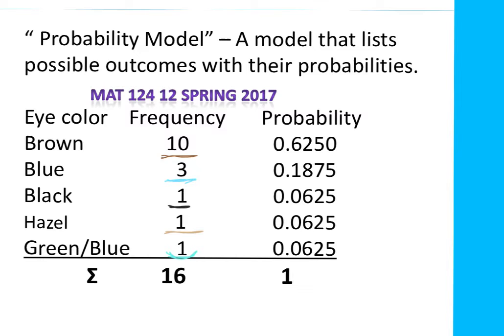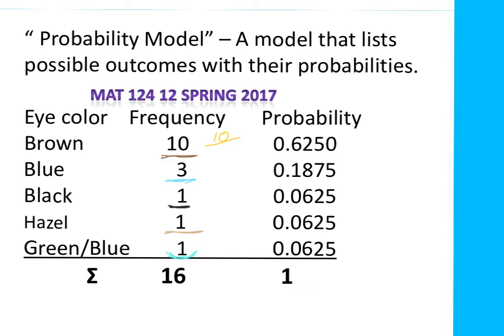Now the question that we are asking is, if you randomly chose one of the people from this class, what is the probability that the person you have chosen would have brown eyes? And the answer to that, or how you would find that based upon this probability model, is, let's say you wanted to know what's the probability the eyes were brown of the individual you selected.